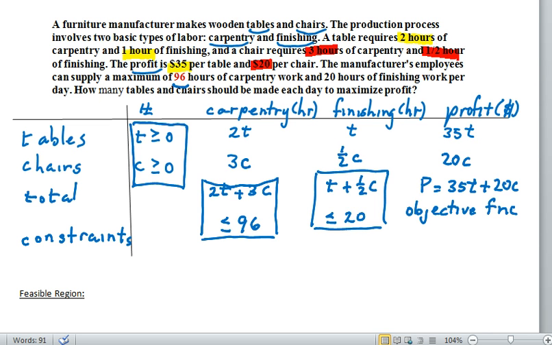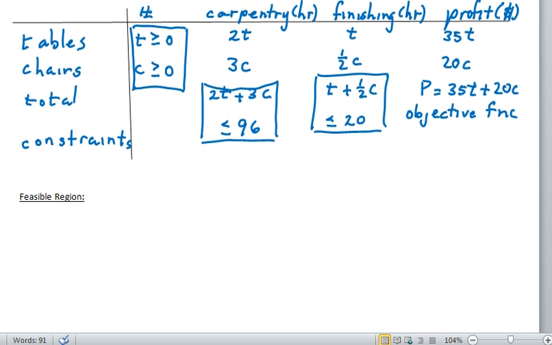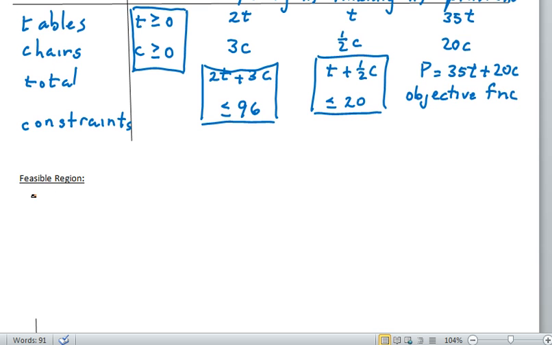And so the feasible region is the region with T greater than or equal to 0, C greater than or equal to 0, 2T plus 3C less than or equal to 96, and T plus 1/2 C less than or equal to 20.